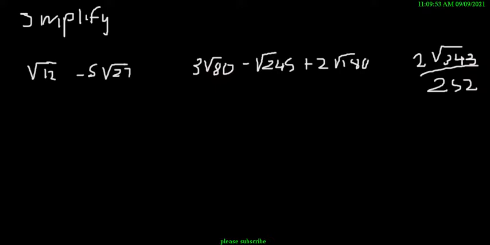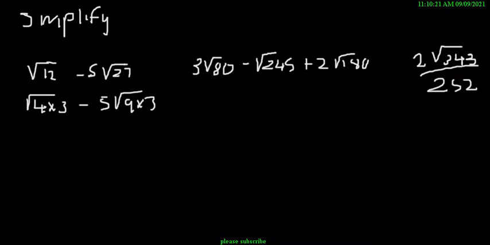And here, I can see 3 can go into 12, that would be 4. So we can say 4 times 3 minus 5, and you can see 3 here, 9, so 9 times 3.